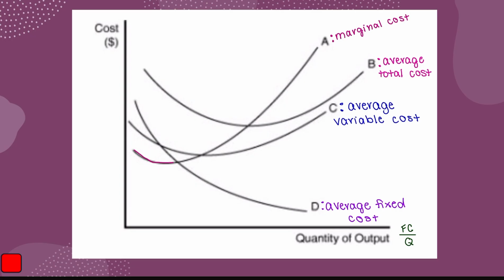So the difference between these two curves, if we look at it, over here, it's much larger than it is over here. And the reason for that is that our average fixed cost is decreasing, so our sum is getting closer and closer together.